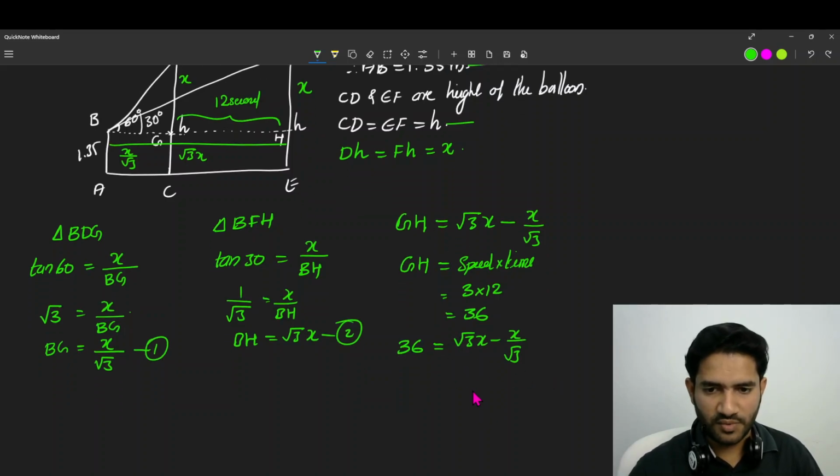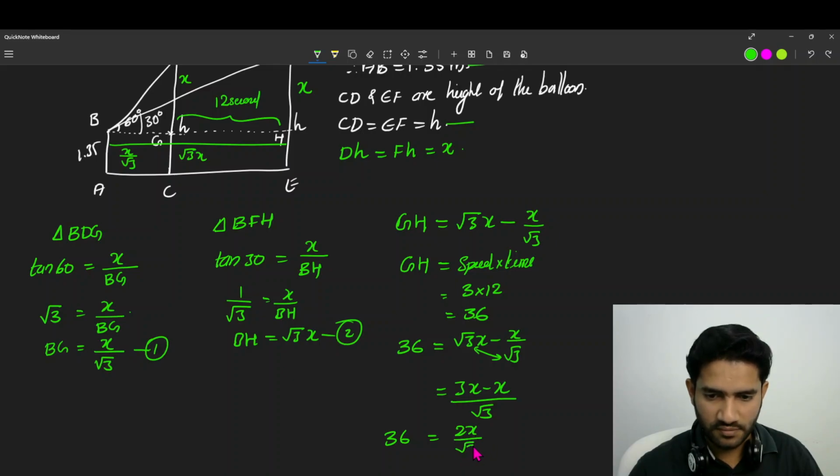By cross multiplying, root 3 into root 3 is 3, so 3x minus x divided by root 3. That means 36 equals 2x by root 3.